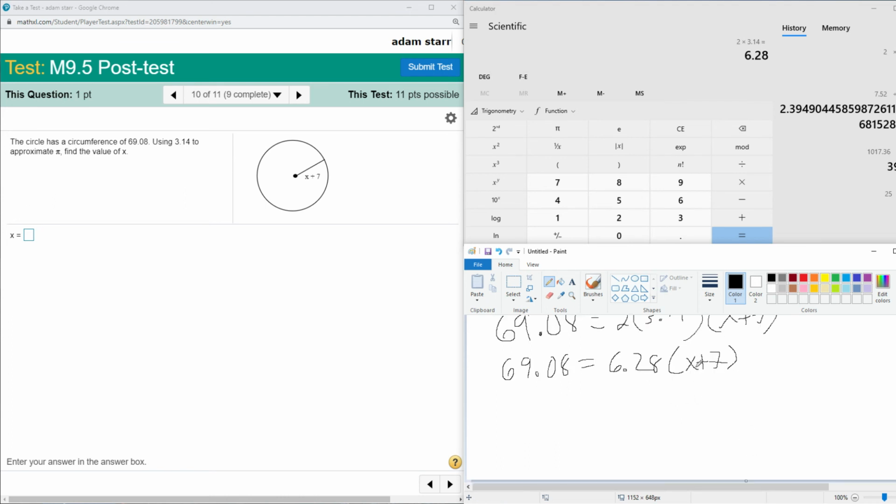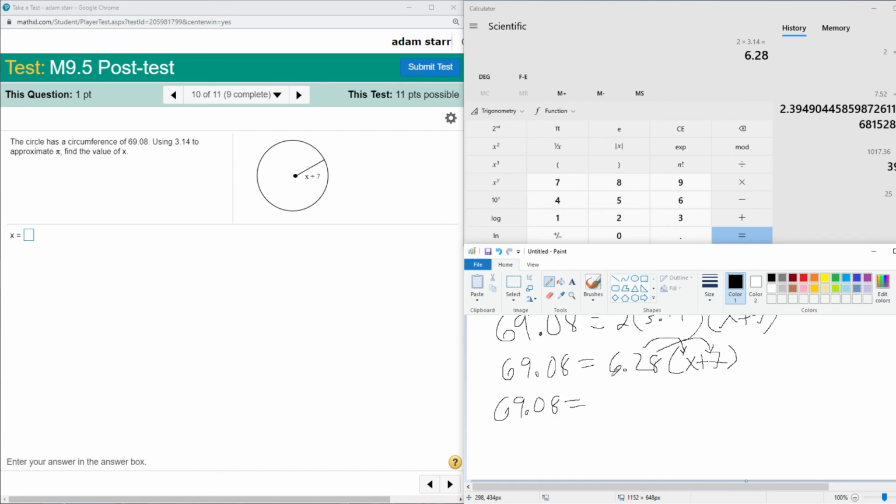Okay, again, the goal is to get this x, but now I have the 6.28 in front. This implies we're going to distribute. So I'm going to distribute this 6.28 to these two terms, this x and this positive 7. Distributing here is going to be multiplying. So I'm just rewriting my circumference.